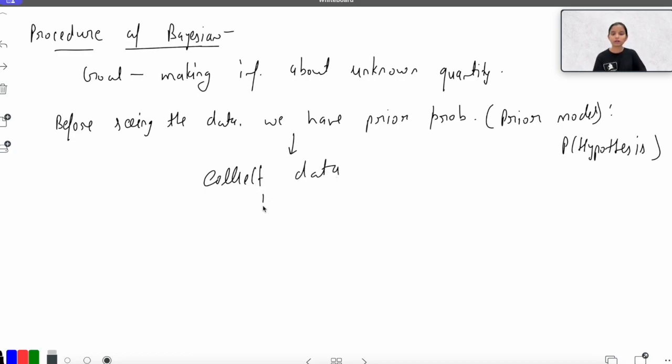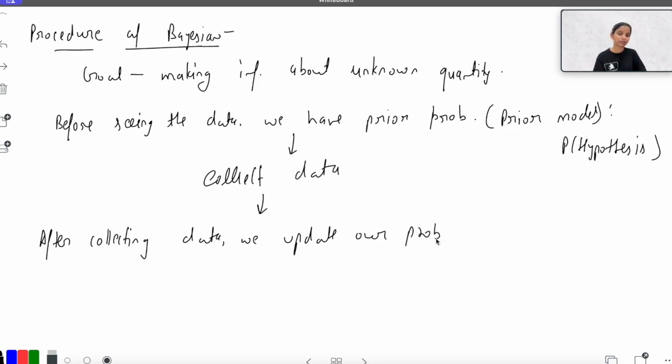Now after collecting data, we update our probability of the hypothesis. That means we update the prior probability, giving the probability of the hypothesis given the data we just observed.